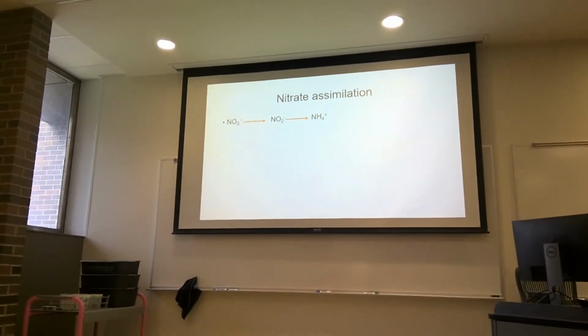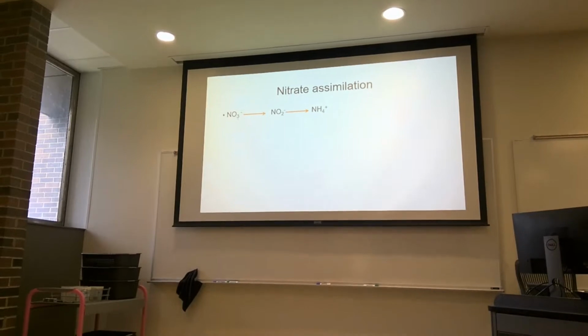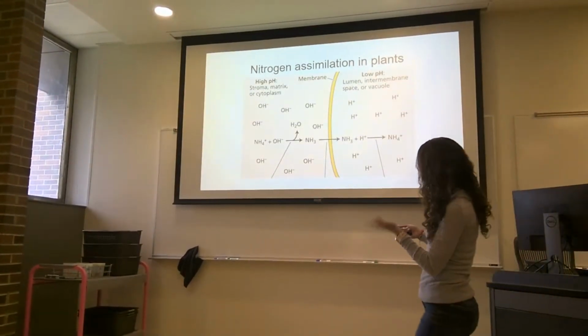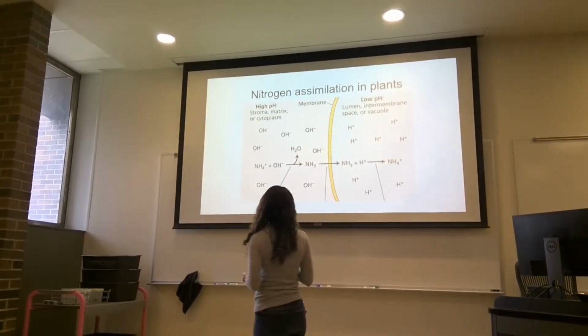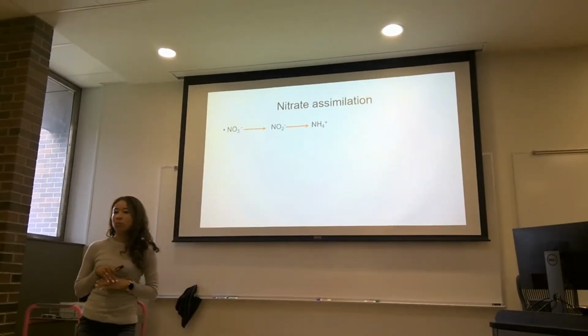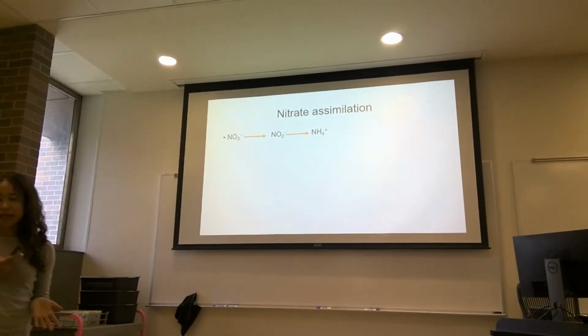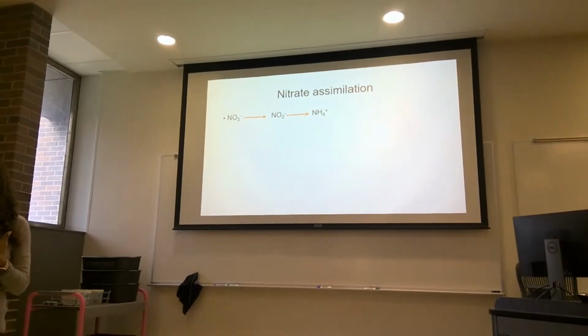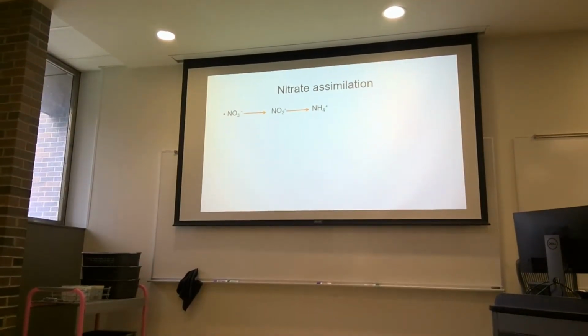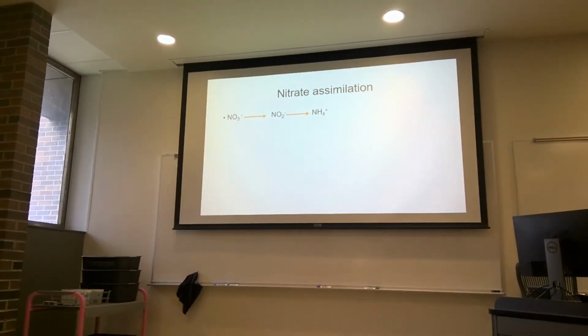So now we said, okay, plants cannot fully accumulate ammonium, so they uptake nitrate mostly from the soil. They take some ammonium, but not too much. So they uptake nitrate, and that's what's known as nitrate assimilation.